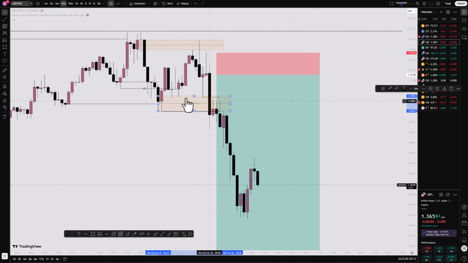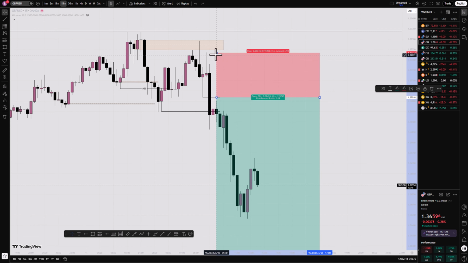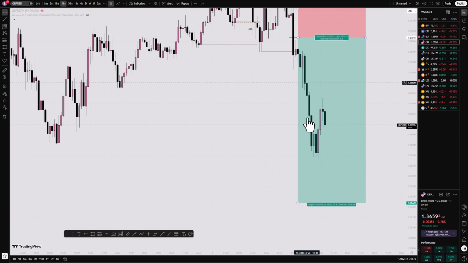So this area became my entry. Now, because of the irregularity of the market, I placed my stop loss at this level, that is above this high. So I'm currently selling in the market.